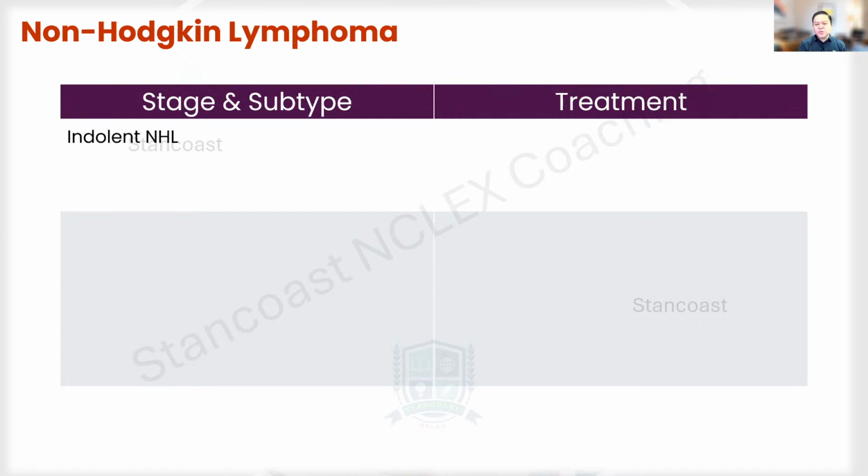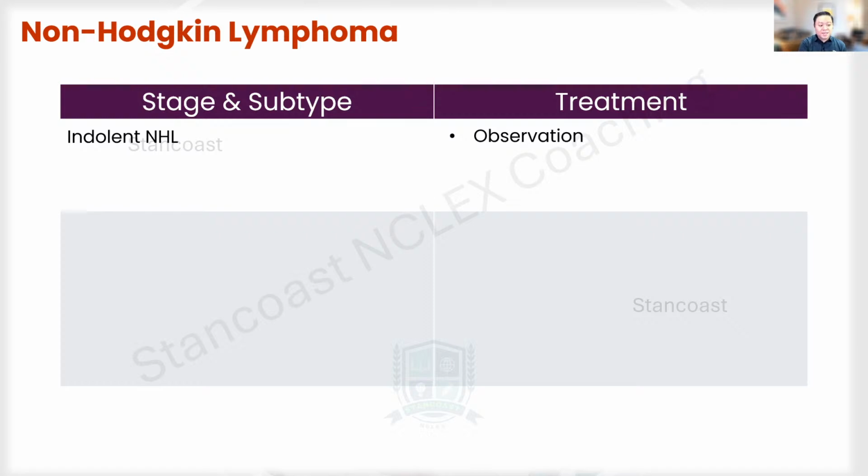Now, let's talk about the different treatments here for the non-Hodgkin lymphoma. So when we are talking about the indolent type of a non-Hodgkin lymphoma, this is considered as the mild type, right? They said that it's kind of rarely curable, and it's known to have, let's say, a 5-year survival rate of 75%. Okay, 75.